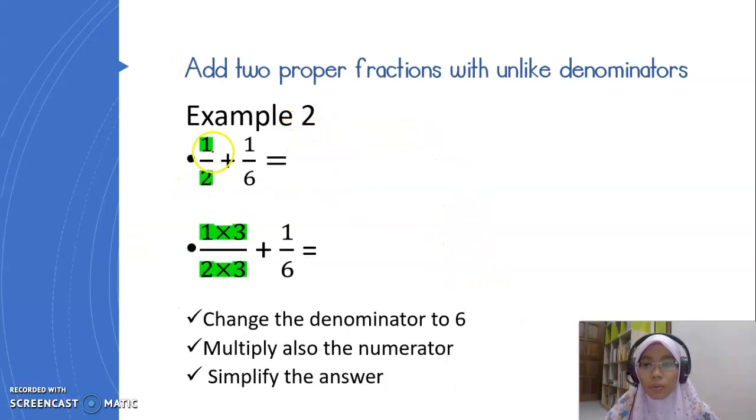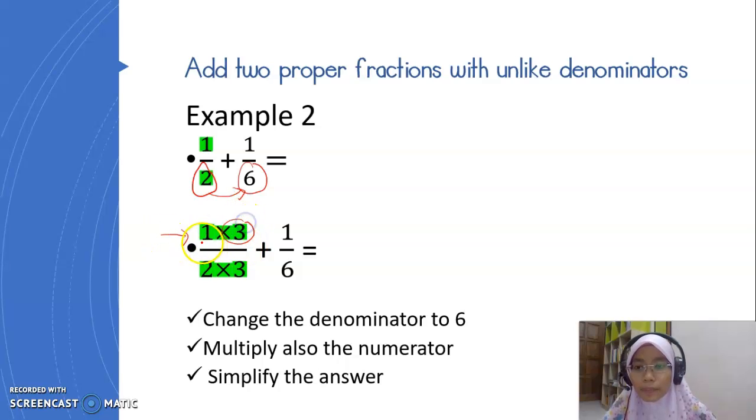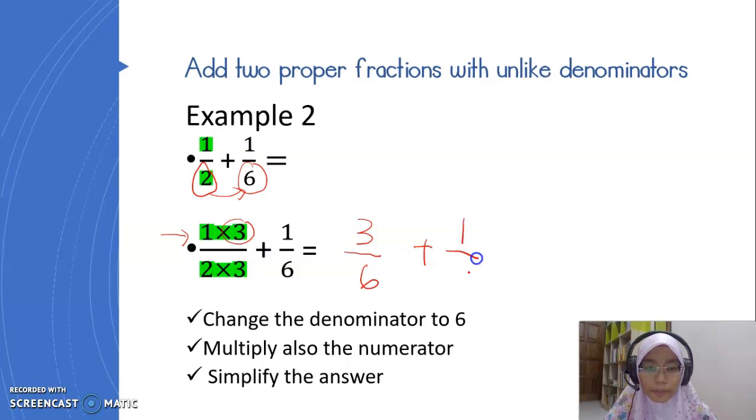Example 2. 1 over 2 plus 1 over 6. So we can see here 2 and 6 is not same. So we have to change 2 to 6. How? We multiply with number 3. 1 times 3, 3. 2 times 3, 6. And then plus with 1 over 6.